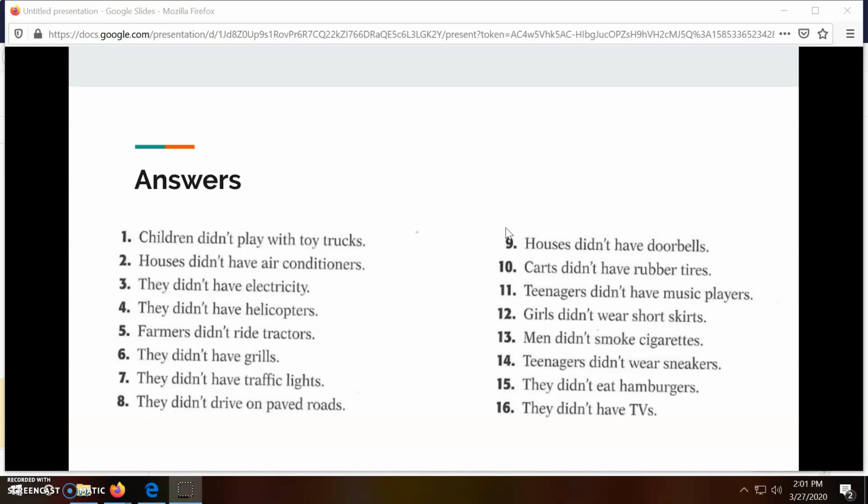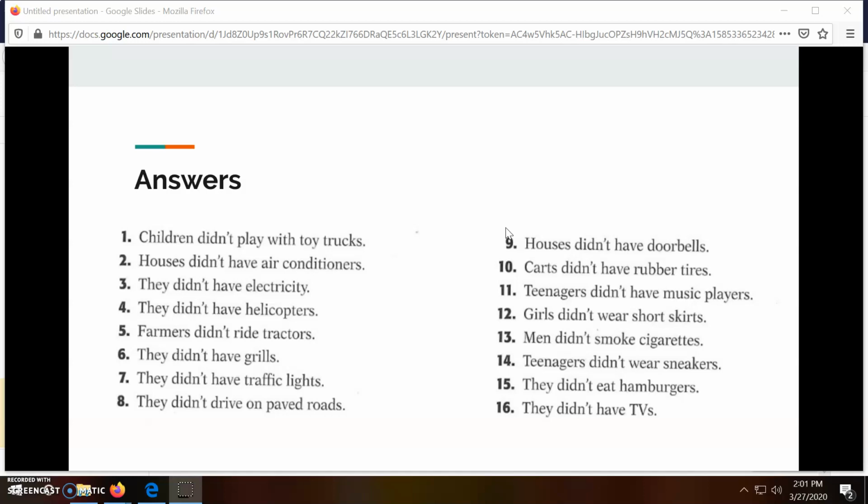Number one was children didn't play with toy trucks. Number two, houses didn't have air conditioners. Three, they didn't have electricity. Four, they didn't have helicopters in the 18th century.